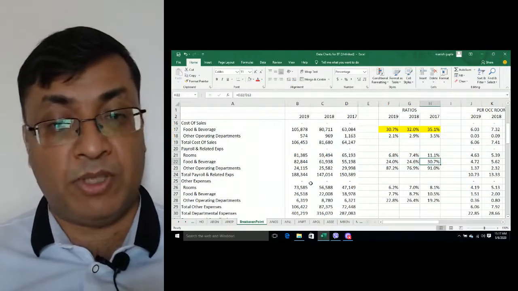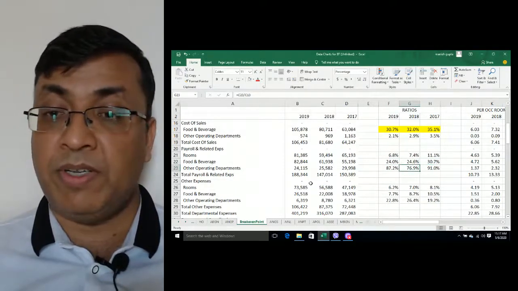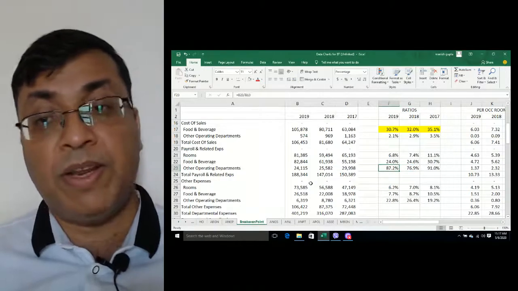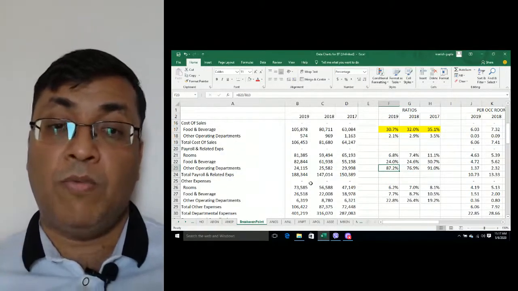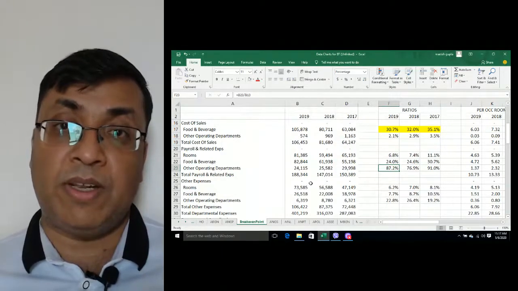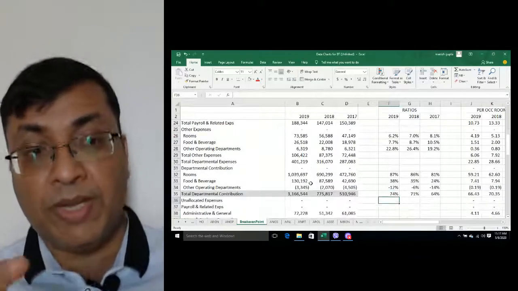In F&B it was 30, 24 and 24. In other departments 91, 76 or 87%. We will break them out even more to understand how much of them is fixed and how much is variable.